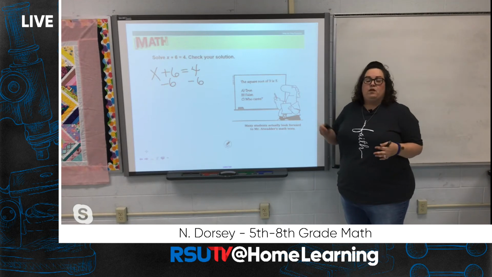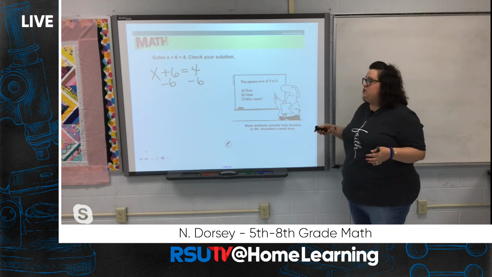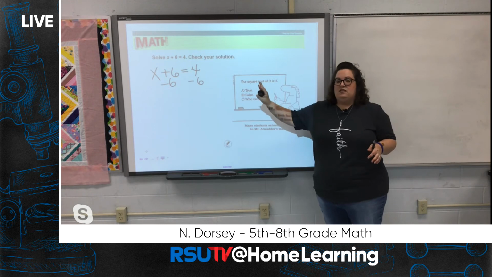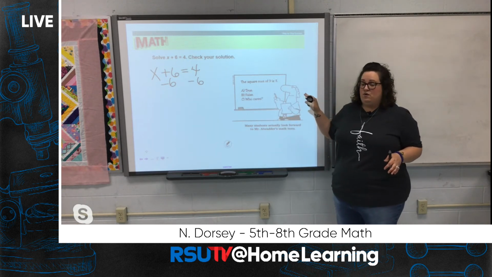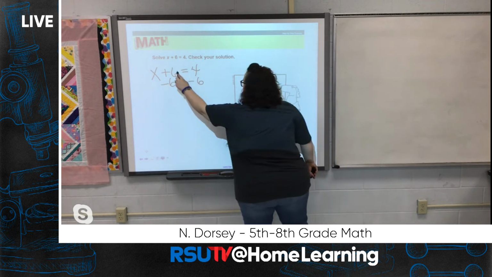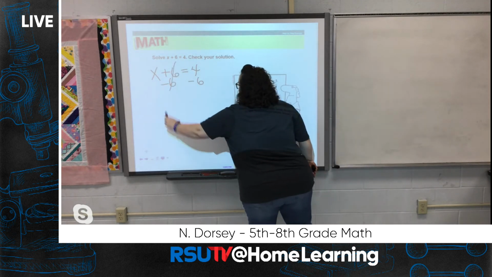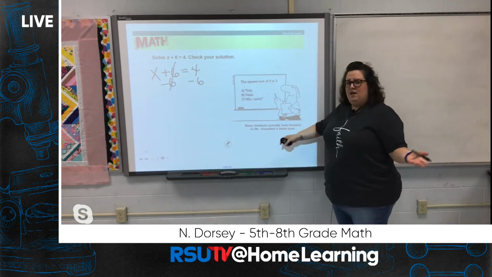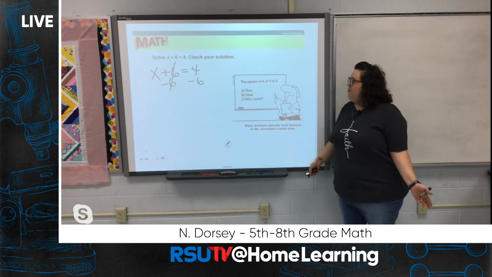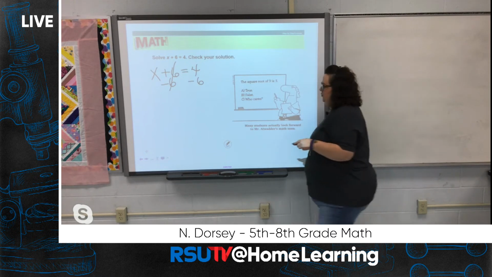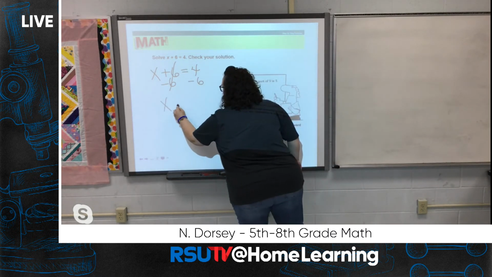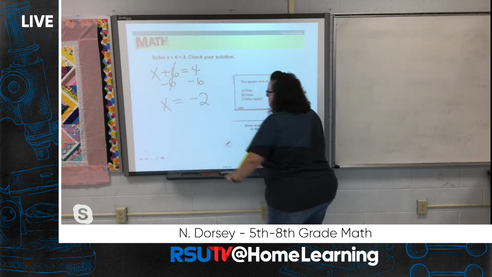That way, your teacher knows that you understand that 6 is going away on that side and it's moving to the other side where the 4 is. So make sure you cancel your work and then you just do the math. 4 minus 6 is negative 2. So x equals negative 2.